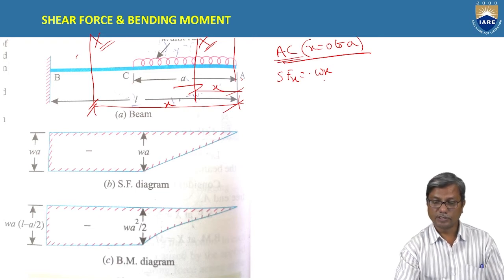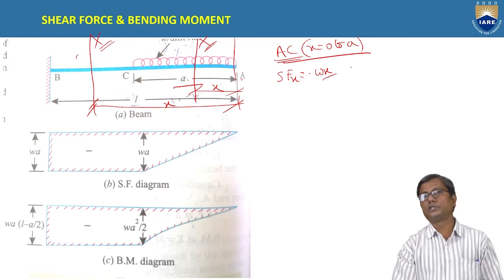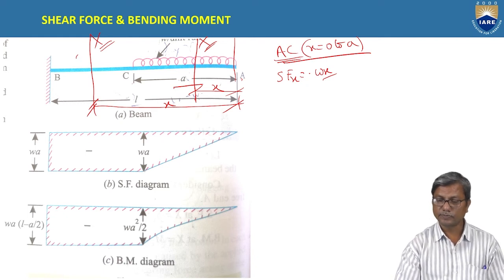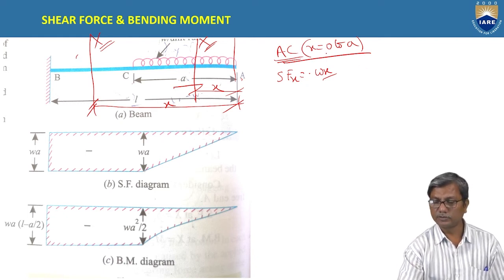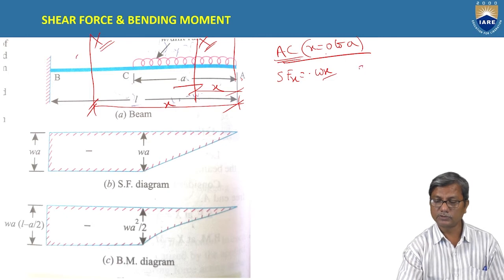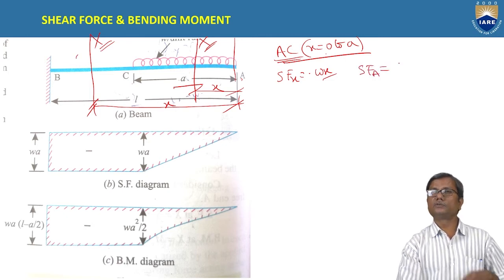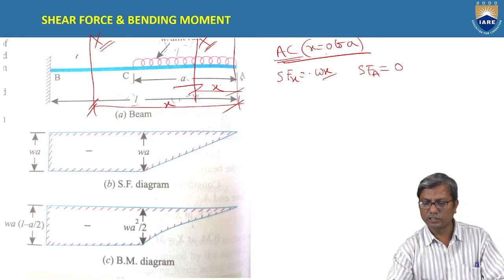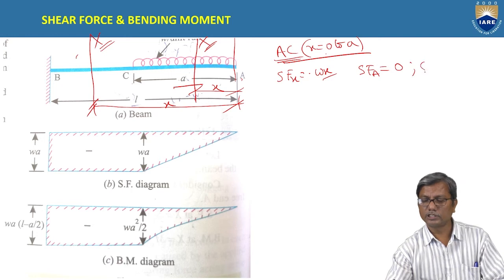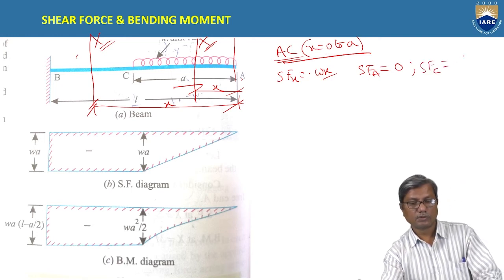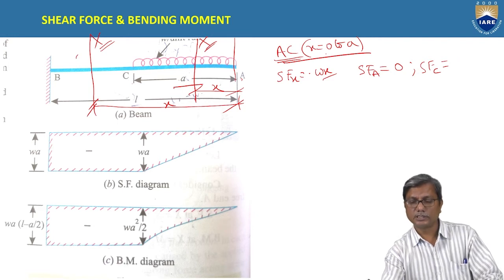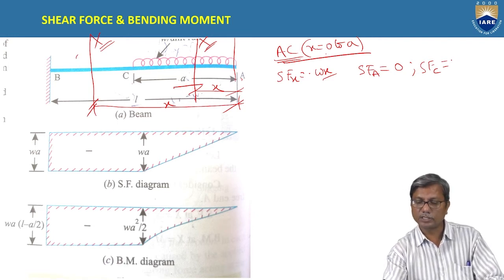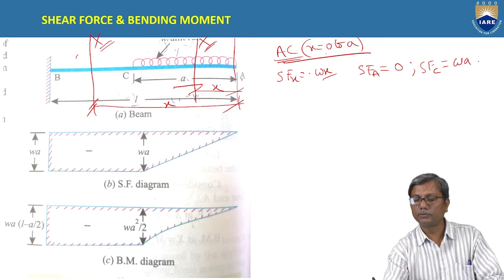It depends on the position of the section. So x is varying from 0 to a. The shear force at section A, at x equal to 0, is 0. And the shear force at C, that means at x equal to a, is wa.